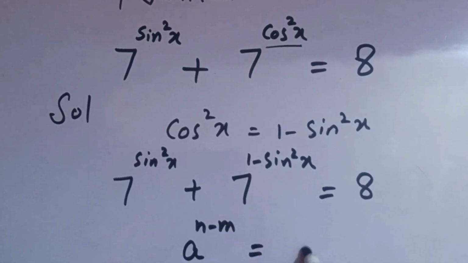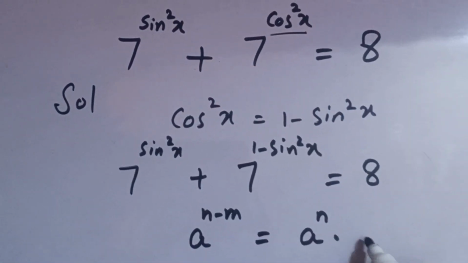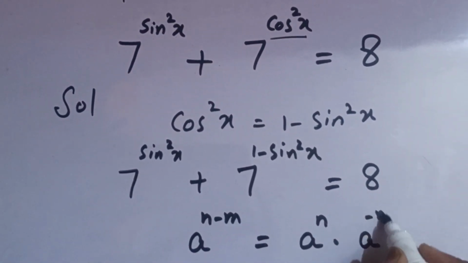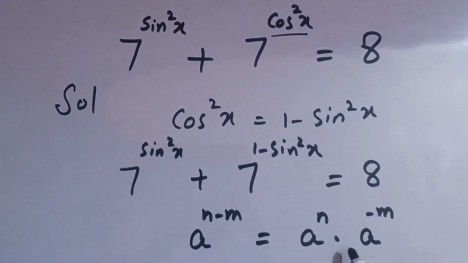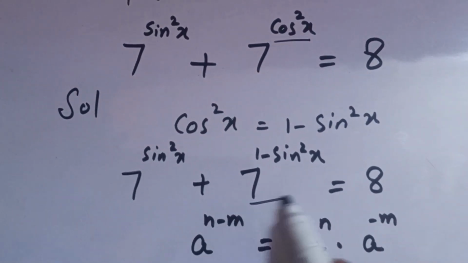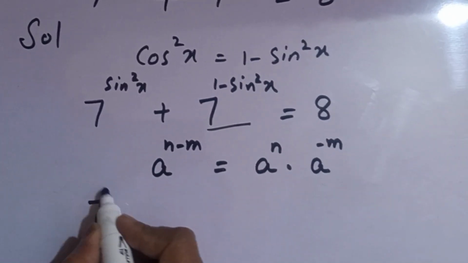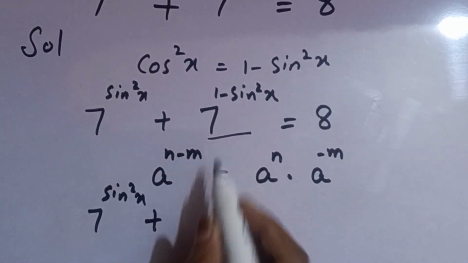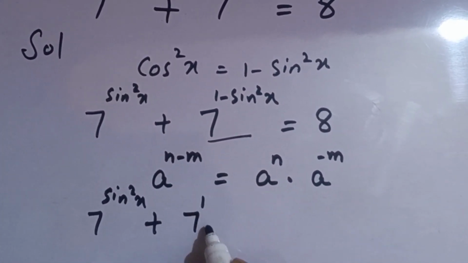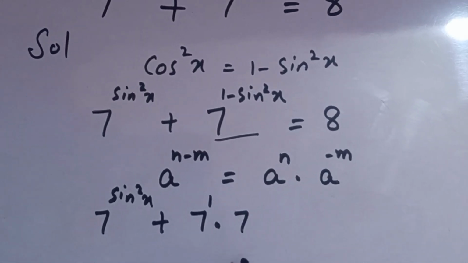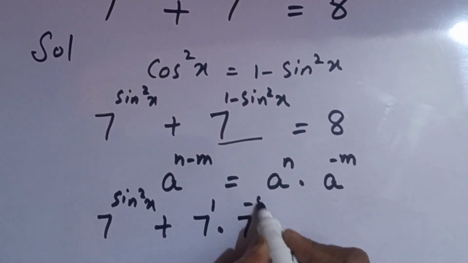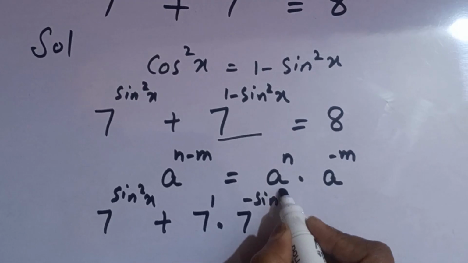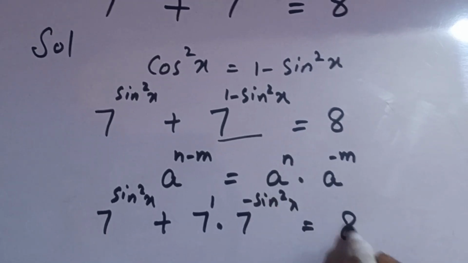We write this as a raised to the power n multiplied by a raised to the power minus m. So we apply this property on the second term. We have 7 raised to the power sine square x plus 7 raised to the power 1 multiplied by 7 raised to the power minus sine square x, and this is equal to 8.